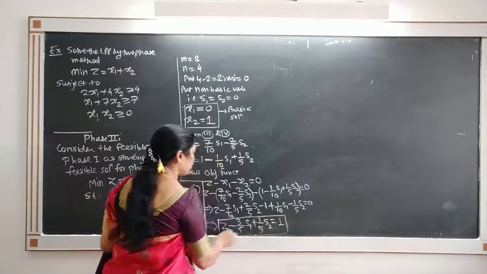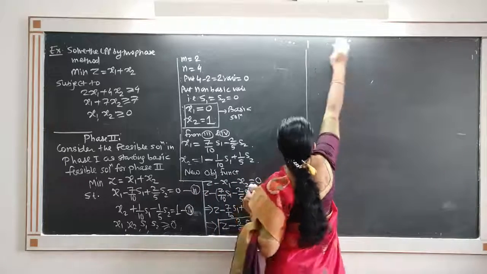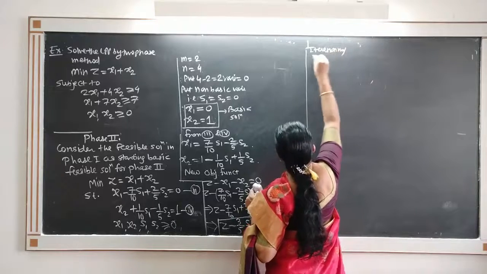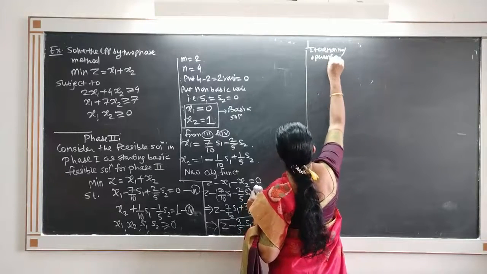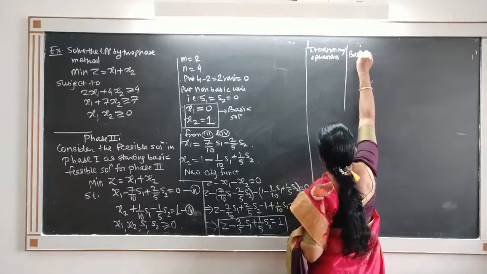Once we get new objective function, we will prepare the simplex table. So consider the first column, that is iteration number or operations. Second column, basic variables.